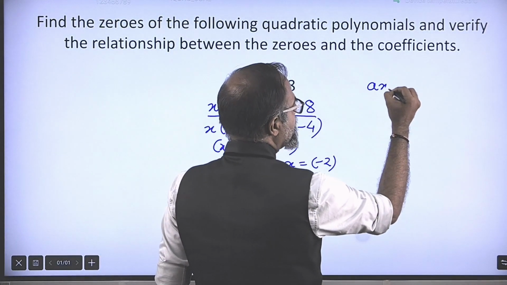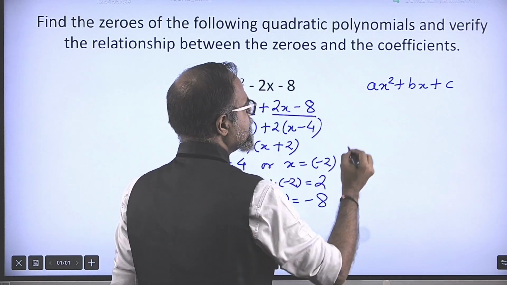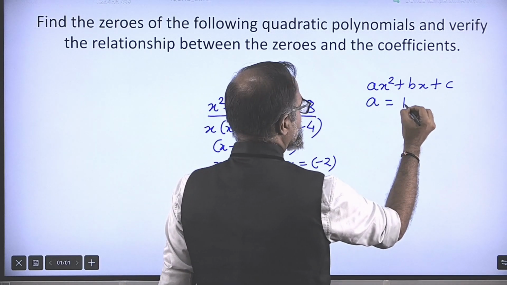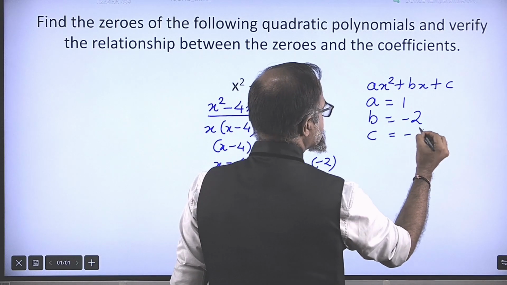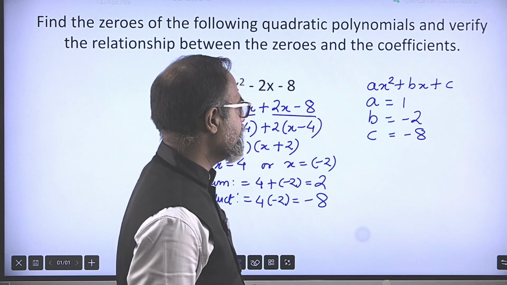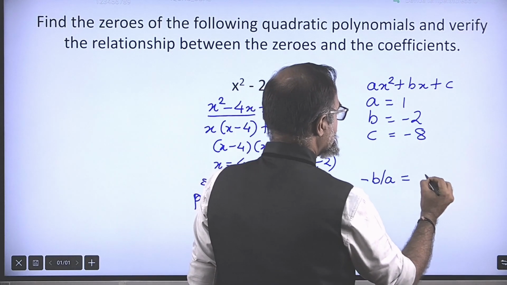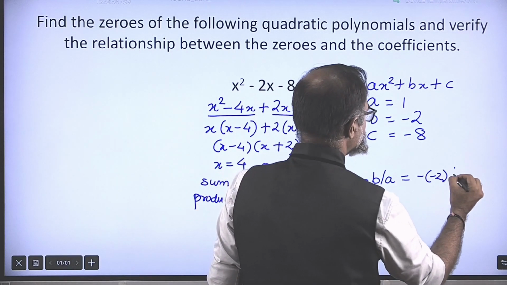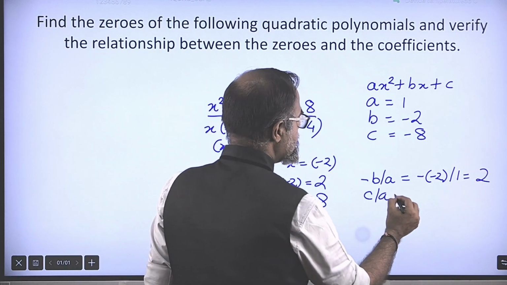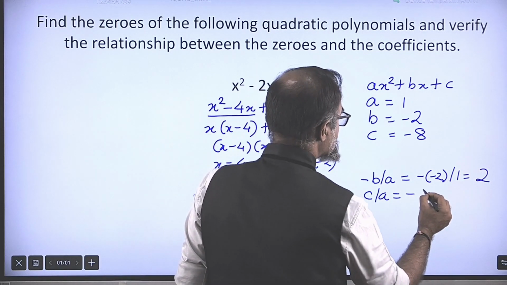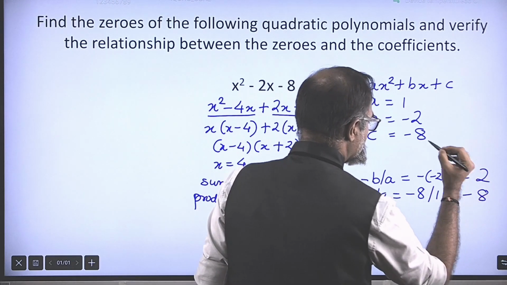If I compare my given polynomial with ax square plus bx plus c, then a is equal to 1, b is equal to minus 2 and c is equal to minus 8. Minus b upon a is minus of minus 2 upon 1, which is equal to 2. C upon a is minus 8 divided by 1, which is minus 8.